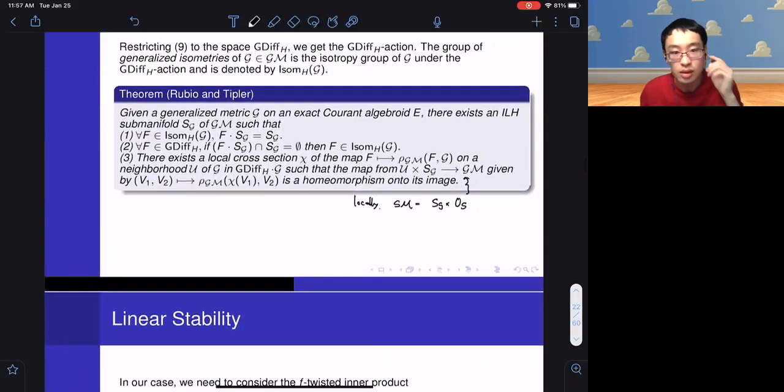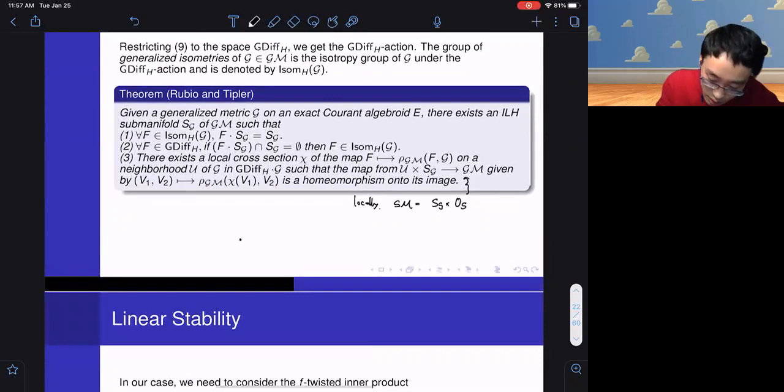Okay, and the idea about the proof is like this.